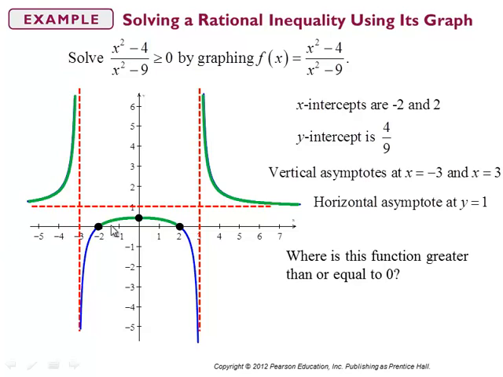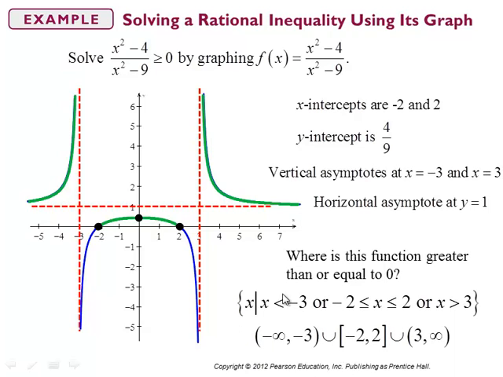Oh, don't forget about the interval between negative 2 and positive 2. So between negative infinity and negative 3, between negative 2 and positive 2, and between 3 and infinity. So kind of a complicated solution here. Now, let me just make the point that we have a greater than or equal to inequality.